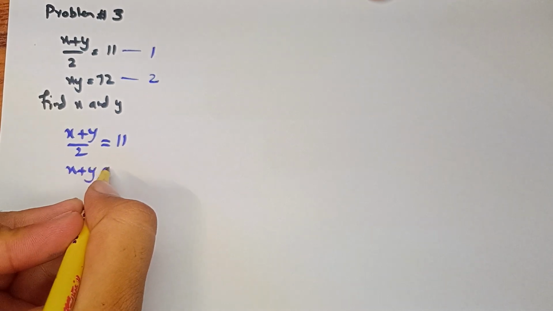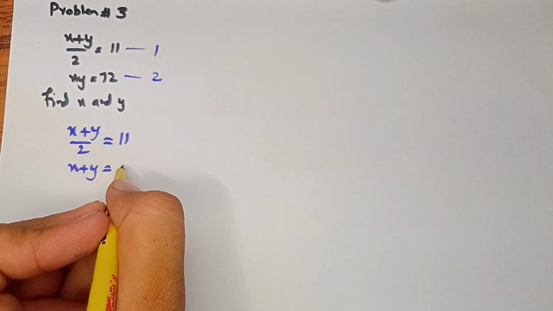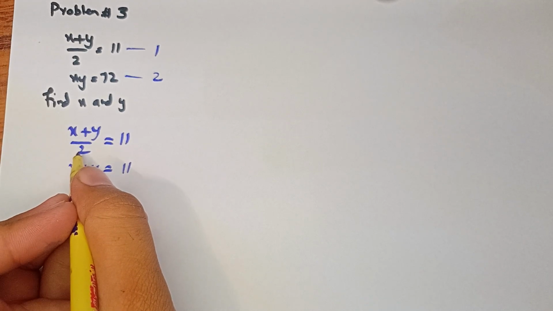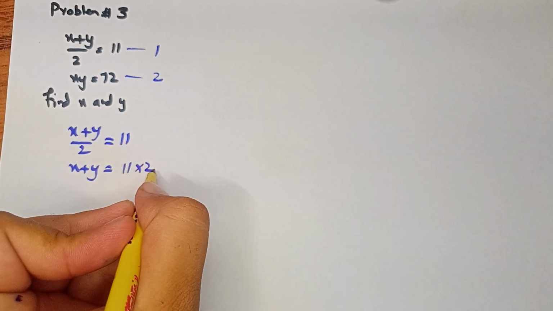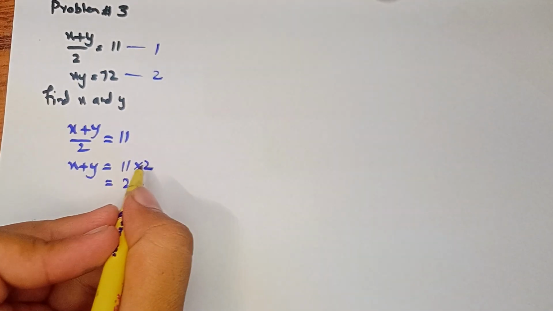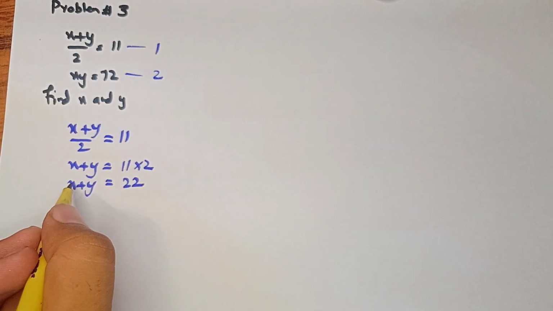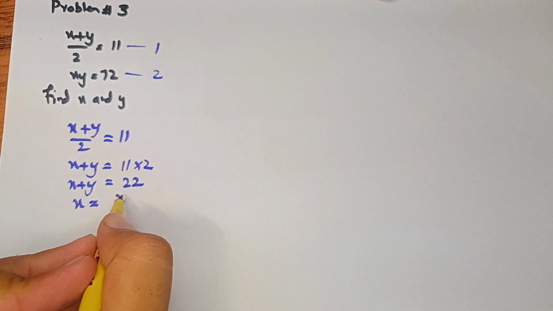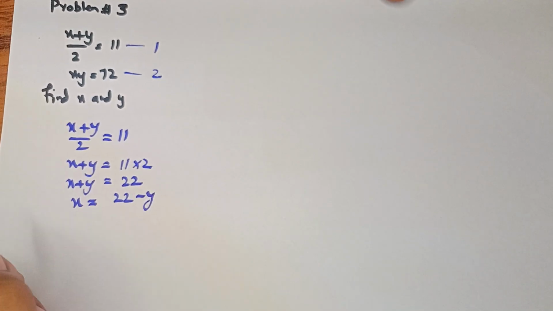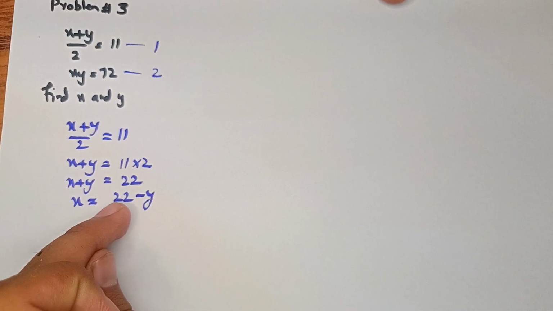The divide by 2 comes to the other side, so it should become multiply. 11 multiplied by 2 equals 22, x plus y equals 22. Finding x, y goes to the second place with its sign changed, so x is equal to 22 minus y.